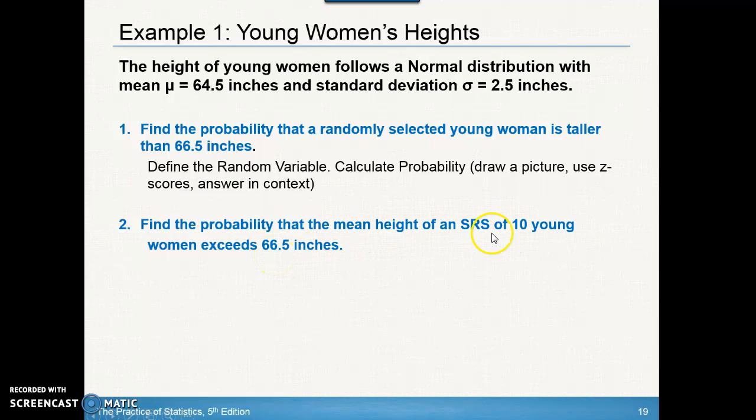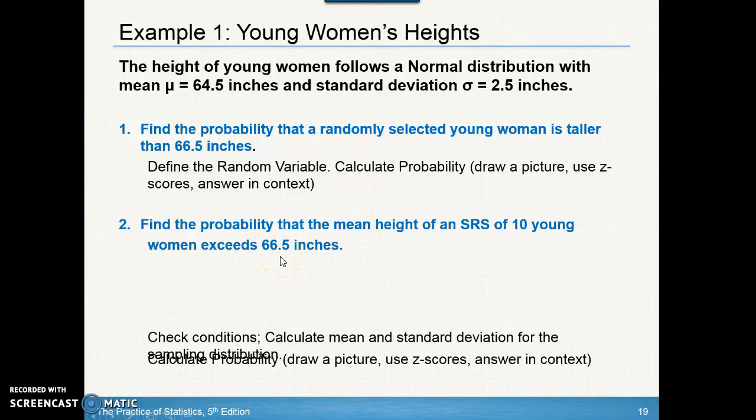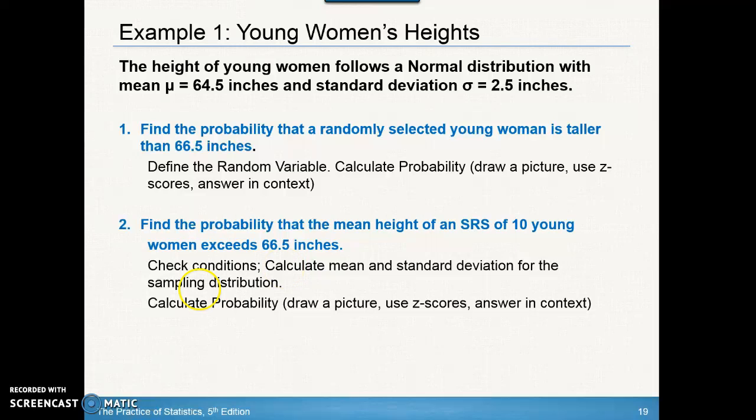So when I take a simple random sample of 10 young women and find the mean, what is the probability that the mean of that sample is going to be greater than 66.5? Then you should say, okay, wait a second. Since I'm looking at a mean of 10 young women, I should know that that's a sampling distribution of sample means, and I'm going to have to find the new mean and the new standard deviation that go along with that.